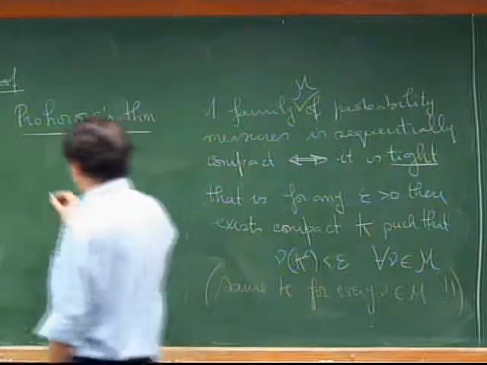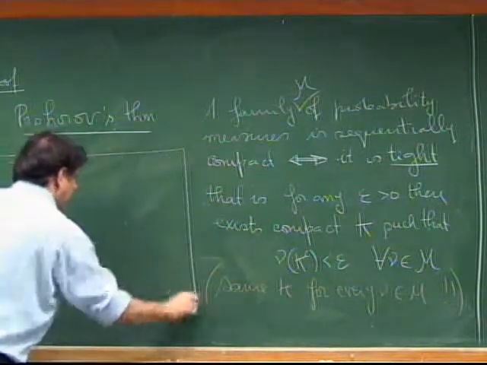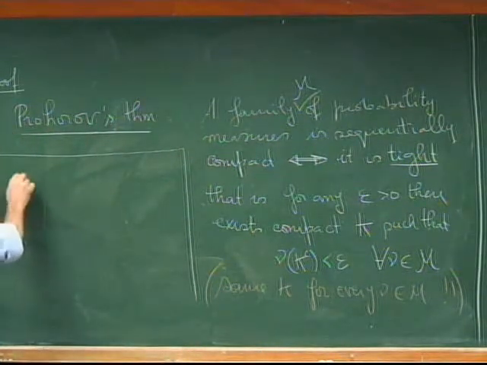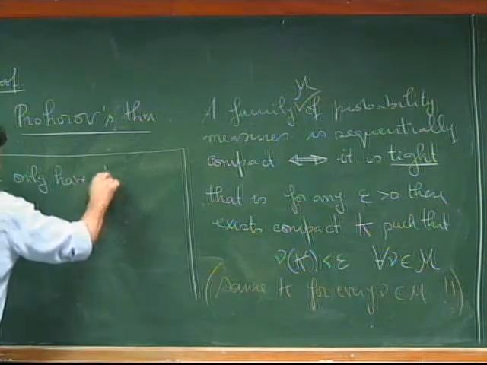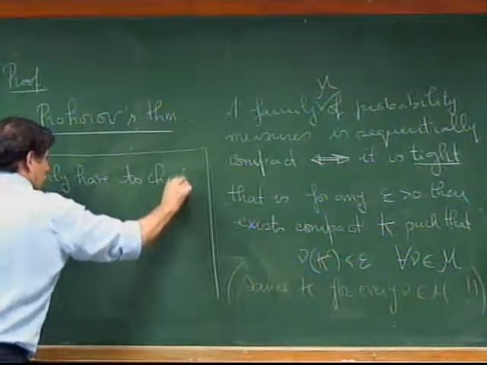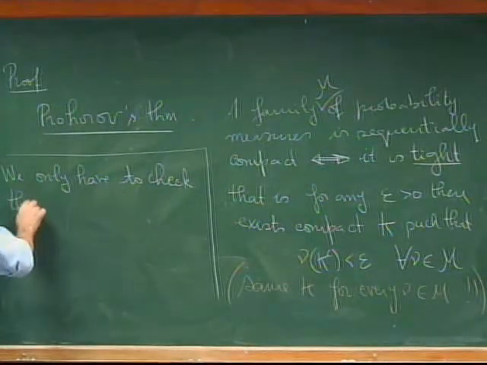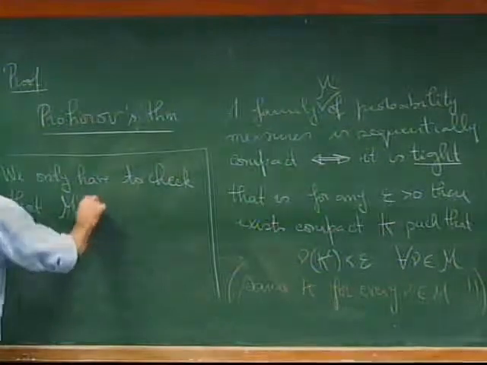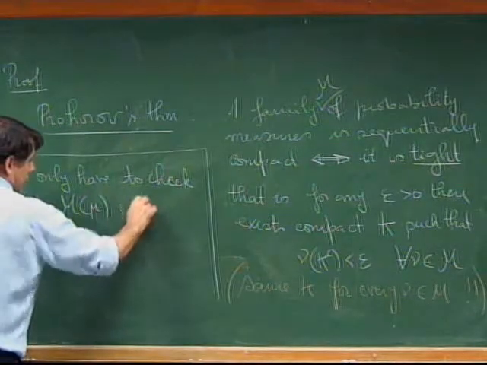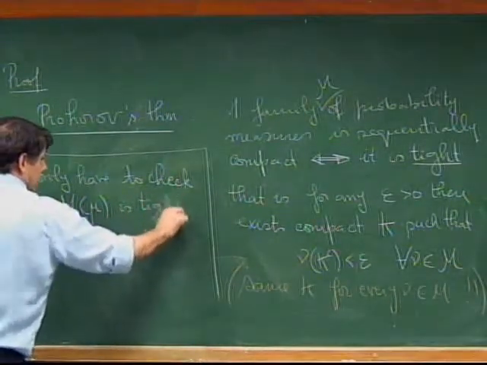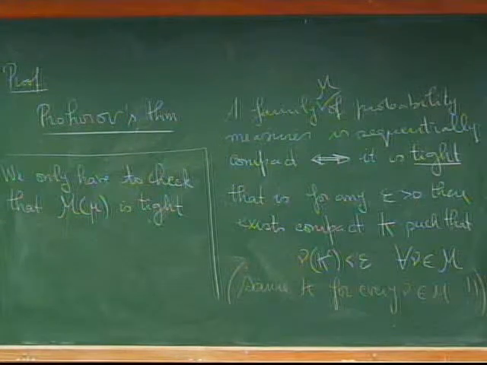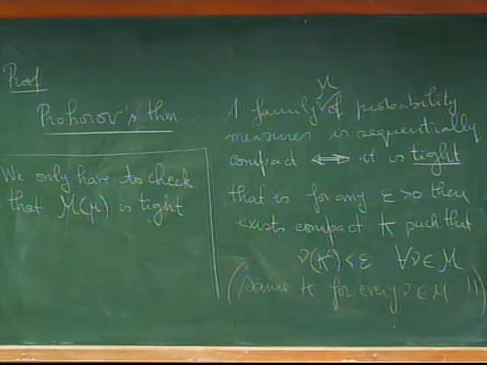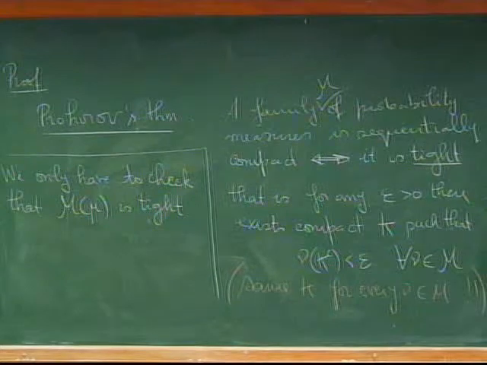So what this helps us in is that we only have to check that M of mu is tight. Right? You take M to be M of mu. We only have to prove that M of mu is tight. And we already know that.